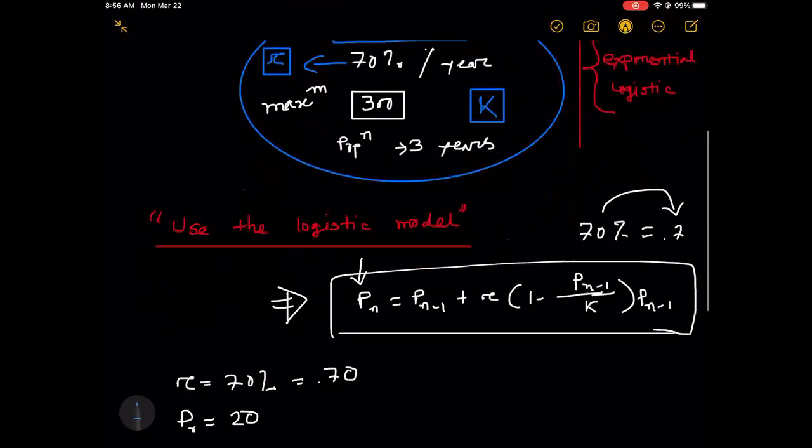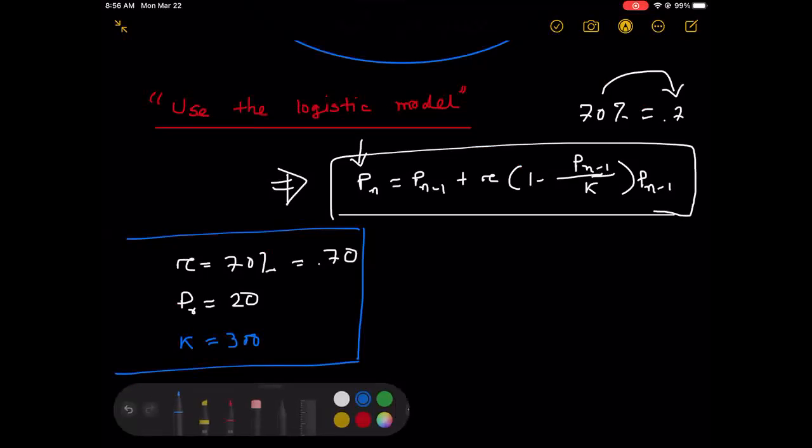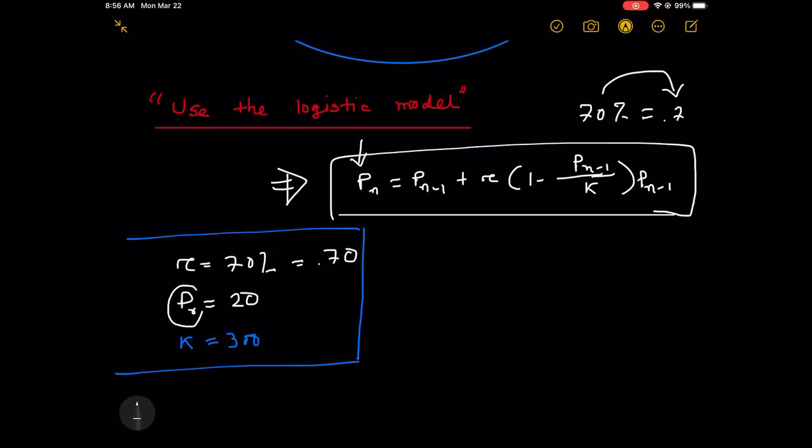Next, let's plug in the values here and calculate the next couple of years' population. All right. So we know the starting population, the initial population P naught, and we know the formula depends on the previous year's population.